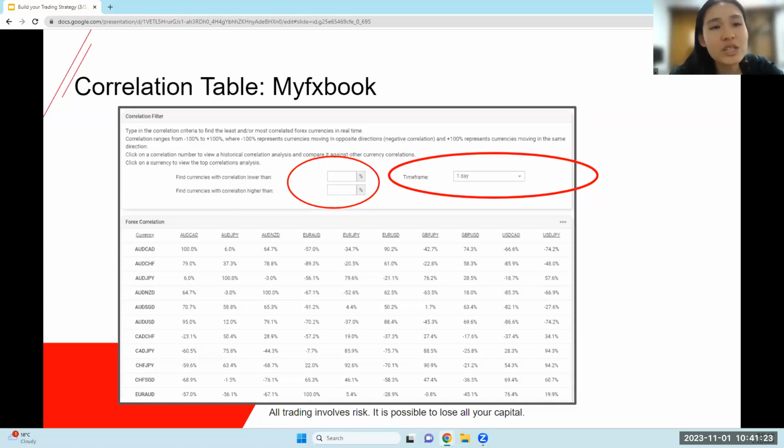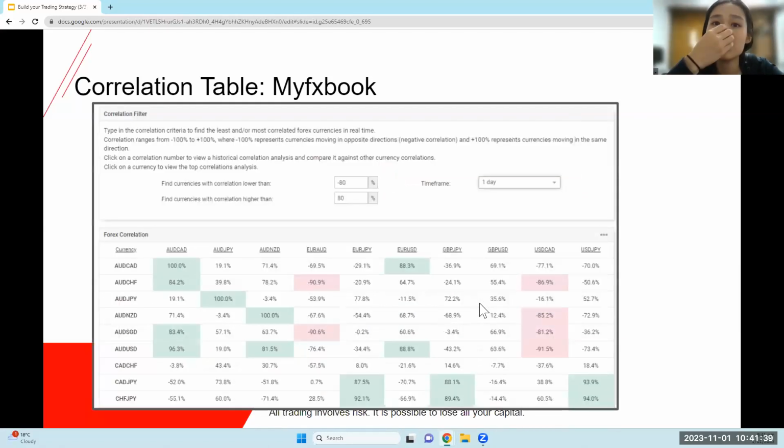So we typically recommend looking for correlations higher than 80 and lower than -80%. So you just have to put that into the filter and it'll highlight all of the currency pairs that match up with what you have requested, that you can see over here. So it's a very easy way of finding correlations.